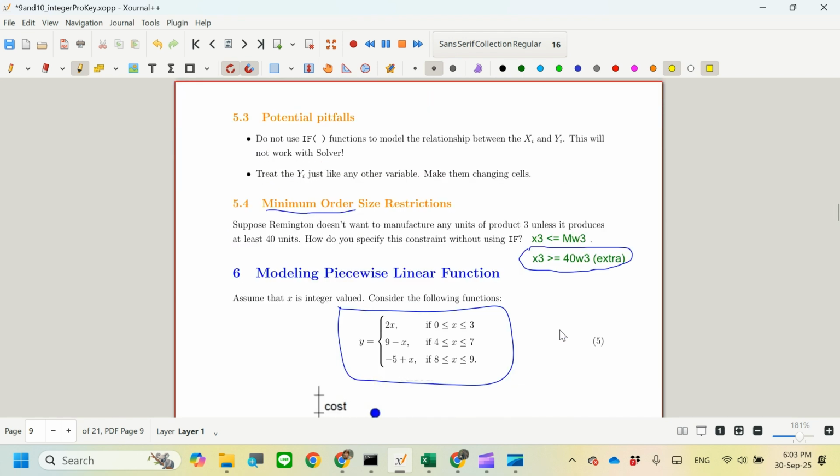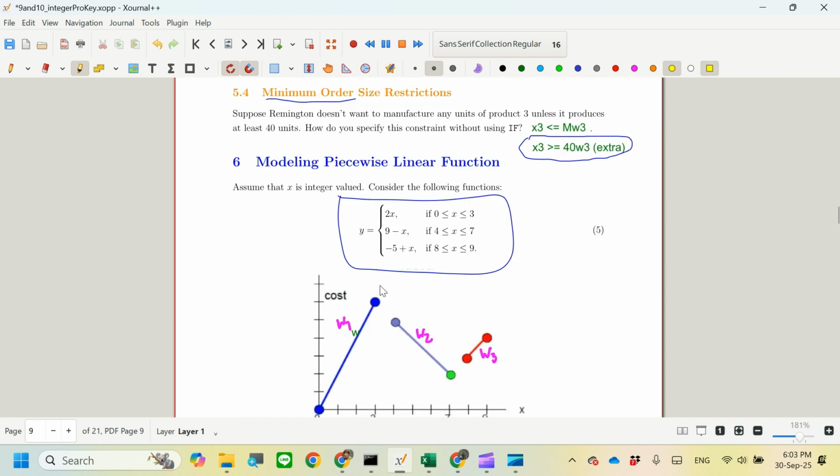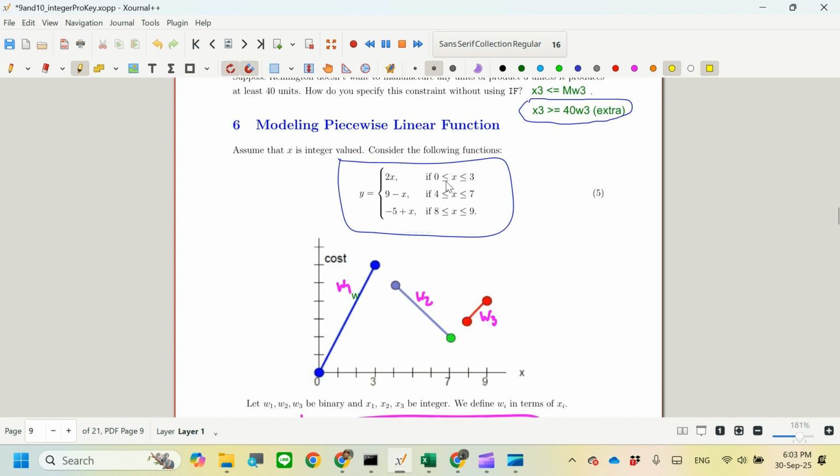Okay. And then we can also use binary decision variables to model piecewise linear functions. Suppose x is integer valued and we have the following function, like for x between 0 and 3, y equals 2x, and for between 4 and 7, it is this function, and for x between 8 and 9, it is this function.